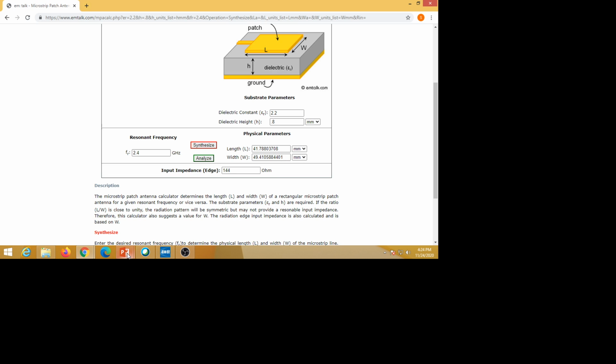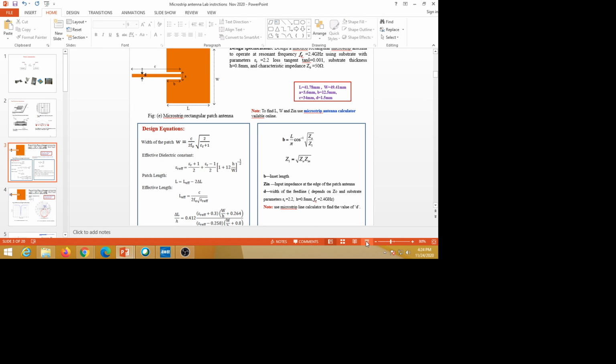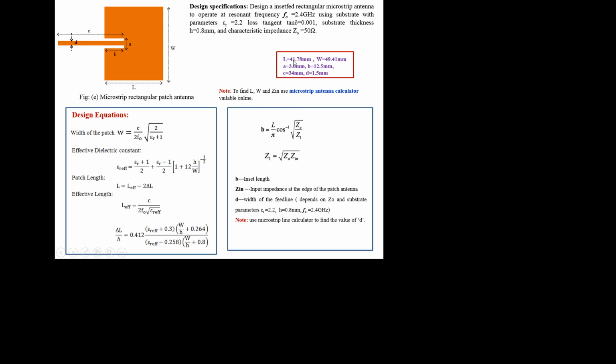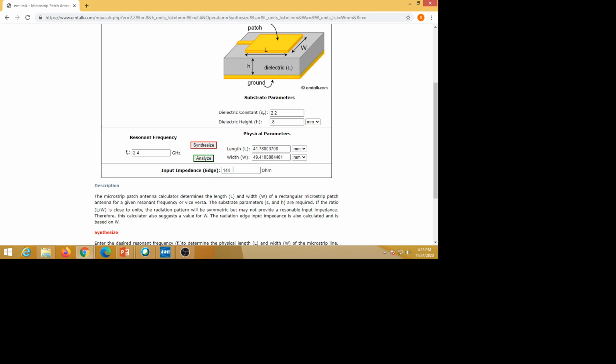And as we can see, the edge input impedance Zin is 144 ohms. So the length of the antenna is 41.78 mm, W is 49.41 mm, and Zin from the microstrip antenna calculator is 144 ohms.